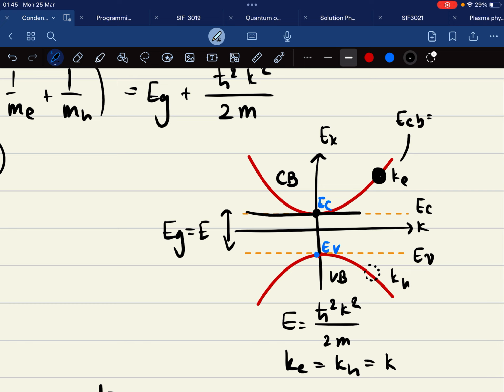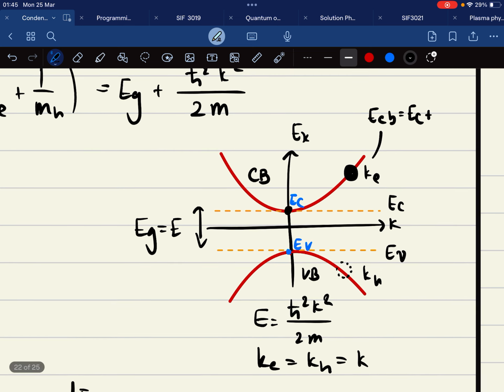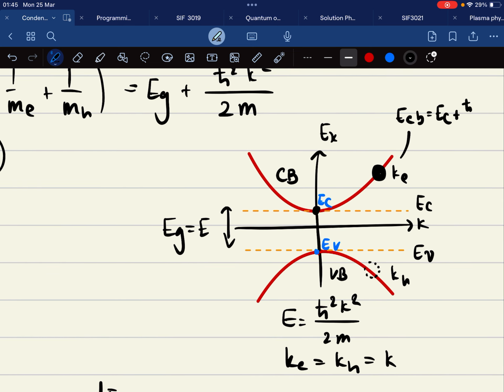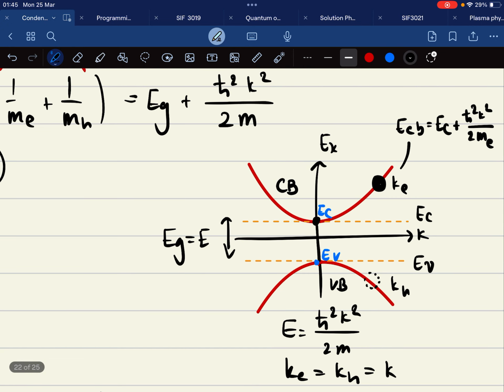This is the minimum energy for the conduction band, and this is the maximum energy for the valence band. You need to know that. So ECB equals EC plus the energy of the electron, h bar squared k squared over 2m e, where m e is the effective mass. Usually people write it as m star, it doesn't matter.